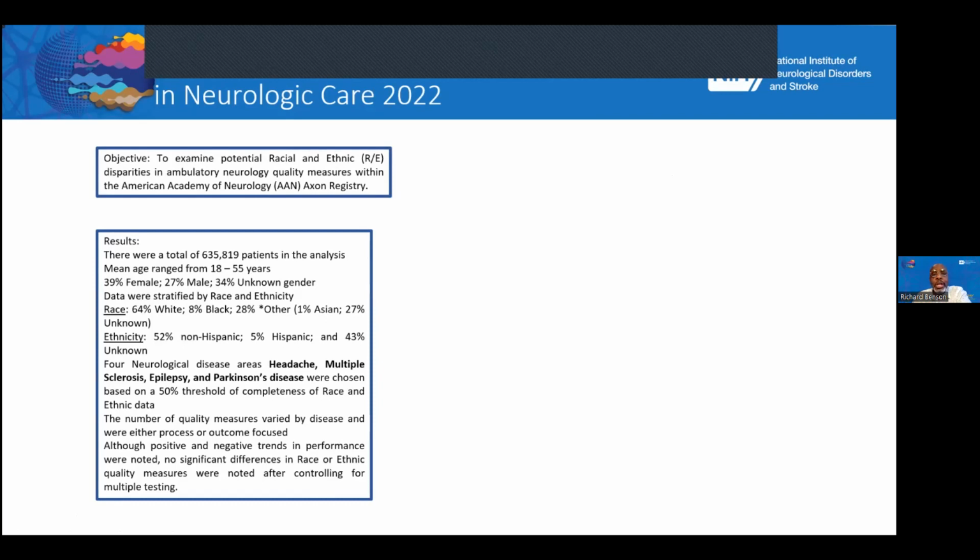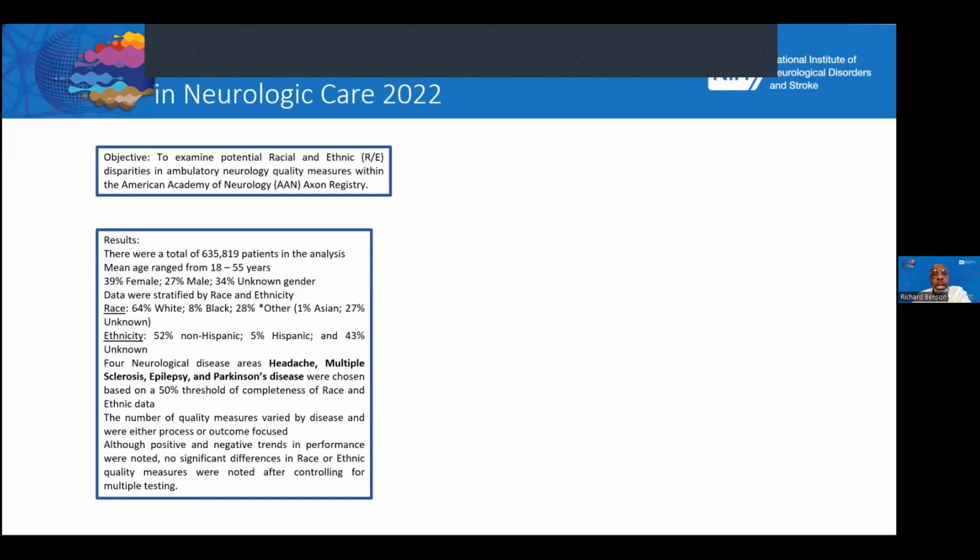And for those of you that aren't aware, the registry database is a sort of real-time database of how outpatient clinical neurology is practiced throughout the country. Information from large academic institutions, private practices, and other groups is either pushed or pulled to a database and coordinated through the AAN, and it has quality metrics associated with it.